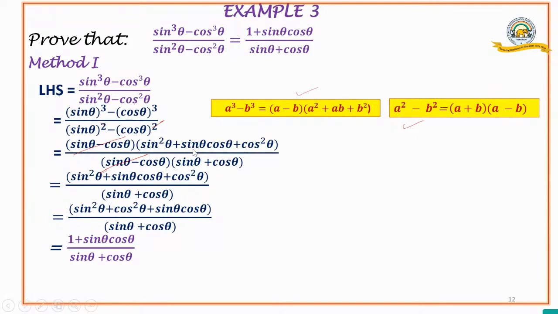So we get 1 plus sine theta cos theta by sine theta plus cos theta. That is our right hand side. So it is proved. See how algebraic identities help you to solve trigonometric identities.